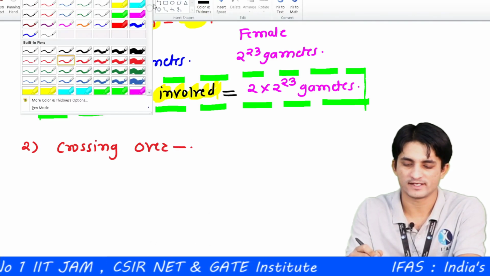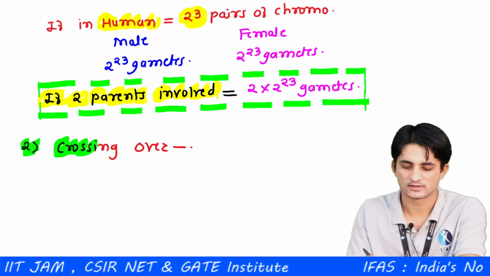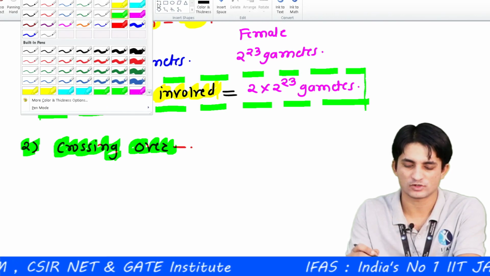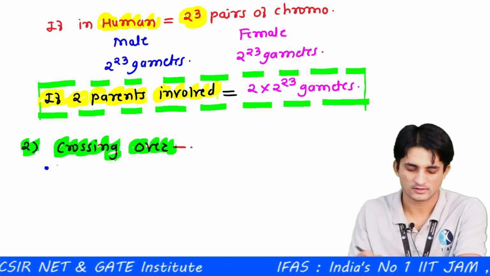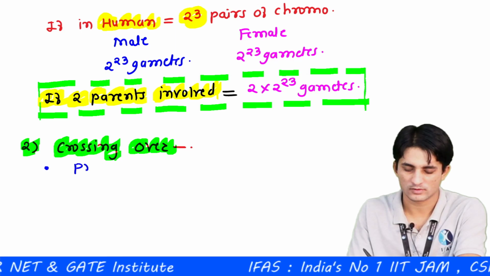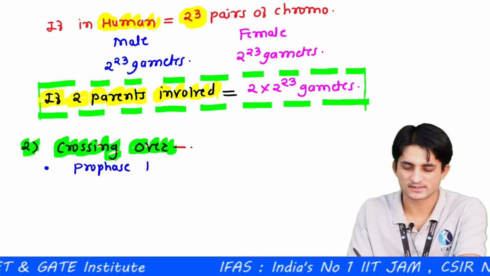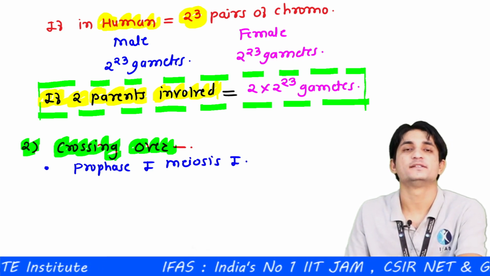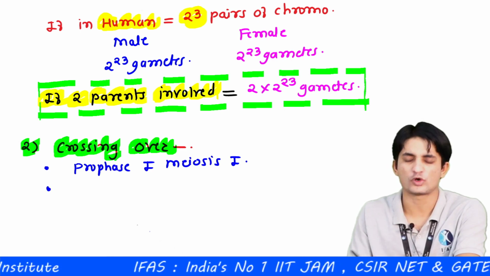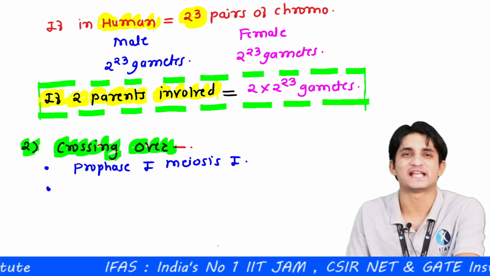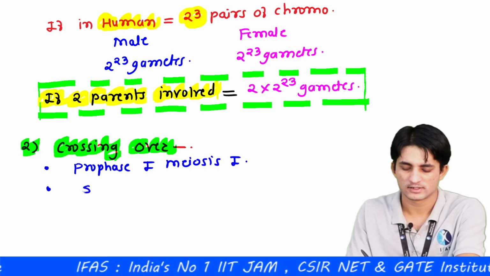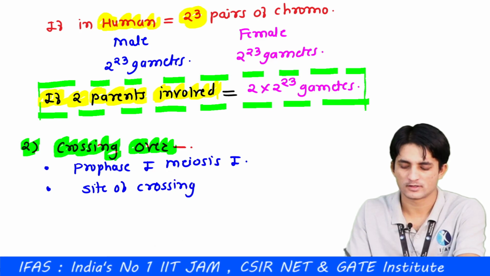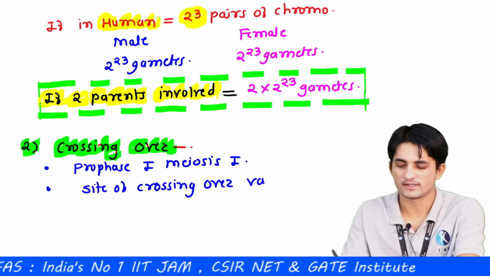Crossing over occurs in prophase I of meiosis I. Here crossing over occurs, and the site of crossing over is variable.